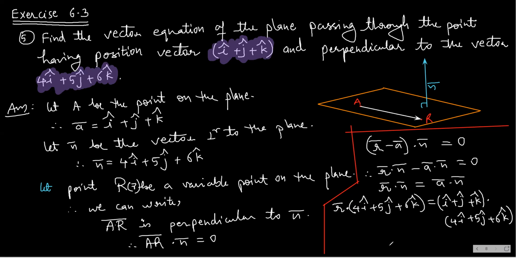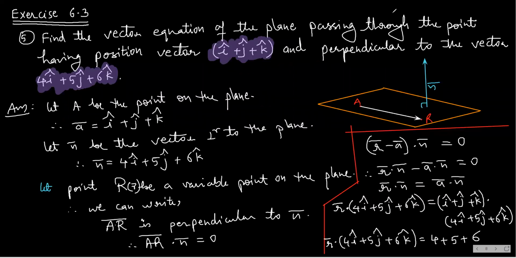So this gives you R bar dot 4I cap plus 5J cap plus 6K cap equals 1 into 4, 4, plus 1 into 5, 5, plus 1 into 6, 6. So you will have the right hand side as 4 plus 5, 9, plus 6, 15. I will write this on the next page.